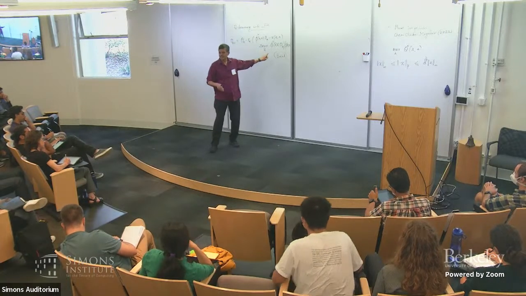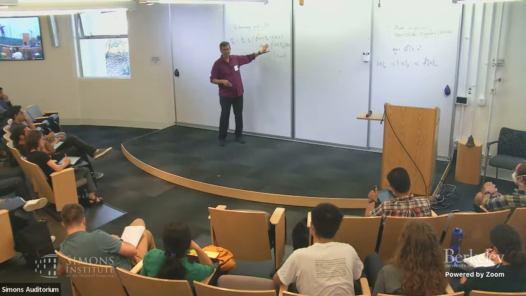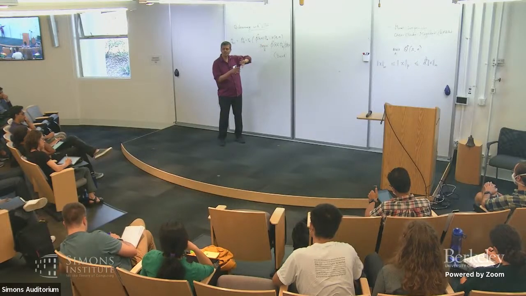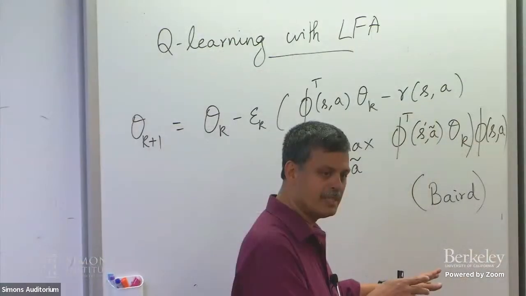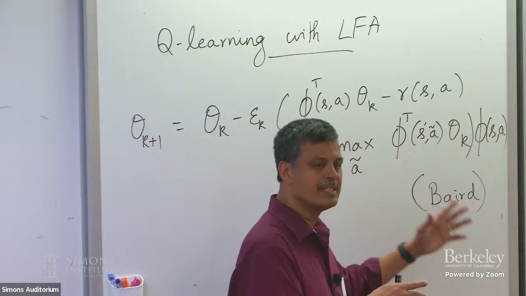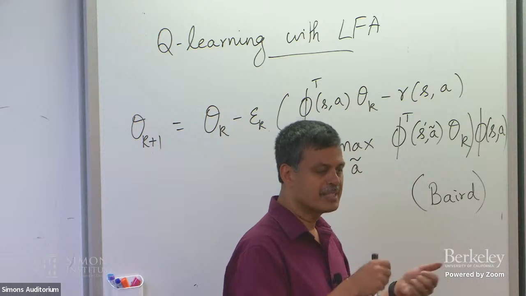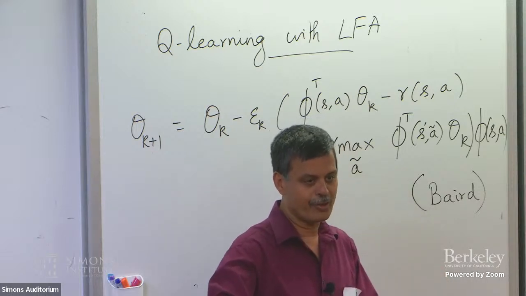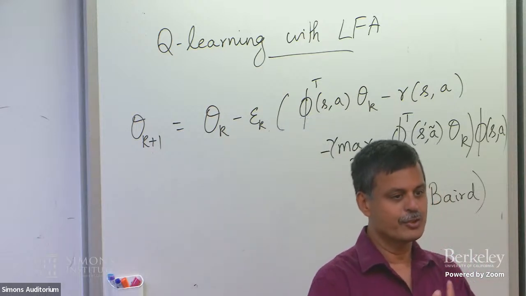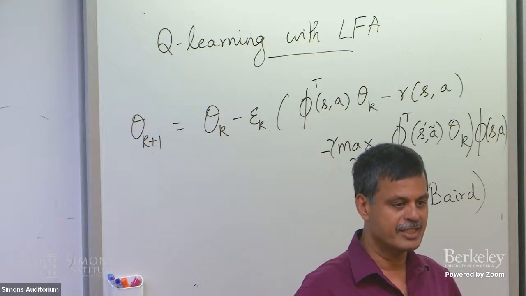Here you cannot, because when you project the Q function onto the space of phi, the natural norm is the 2 norm. And this is not compatible with the P norm or the infinity norm. So this norm mismatch makes the convergence proofs not work out.